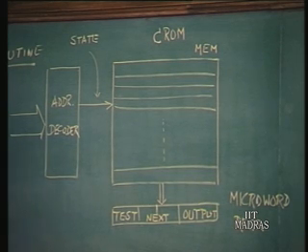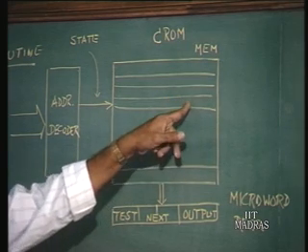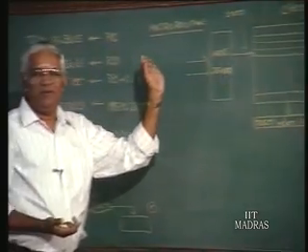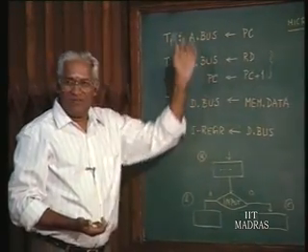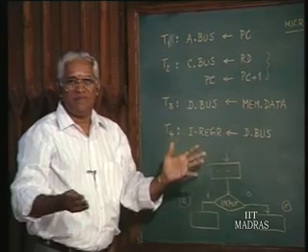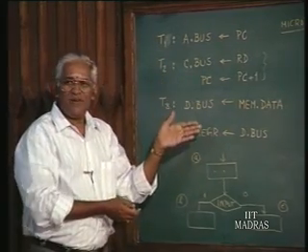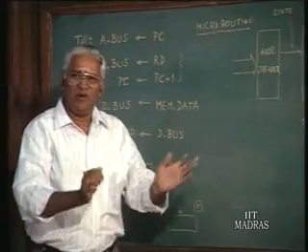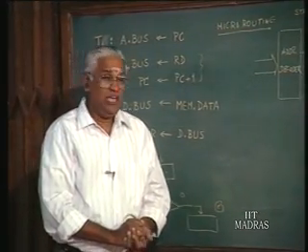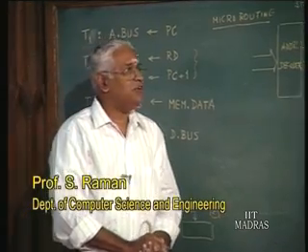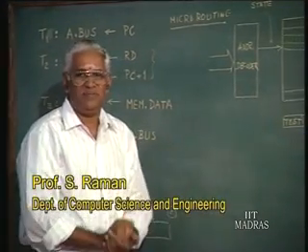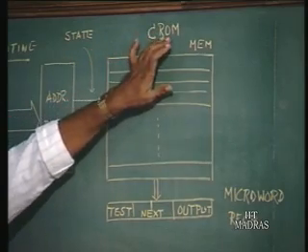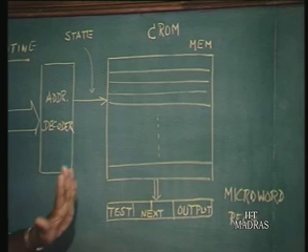Now, suppose you allow the user to change the contents of this memory, then he is going to change the behavior of this machine, because the sequence will get altered, is it not? Then the behavior of the CPU itself will get altered. If that is possible, then we talk about a microprogrammable processor. Otherwise, this is only read-only memory, which means it cannot be written, it can only be read.